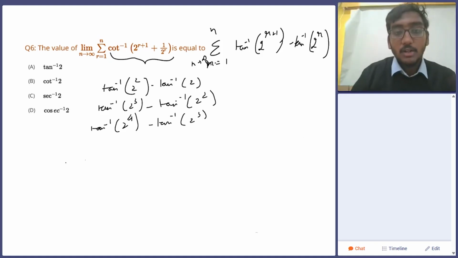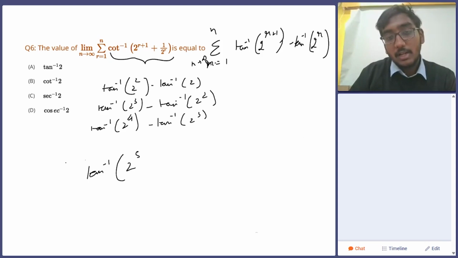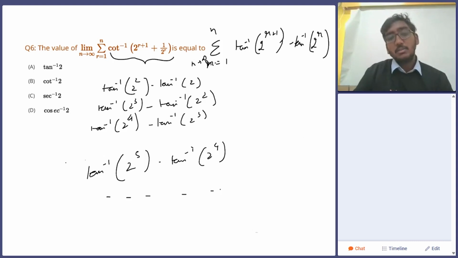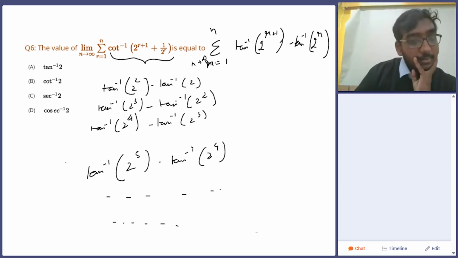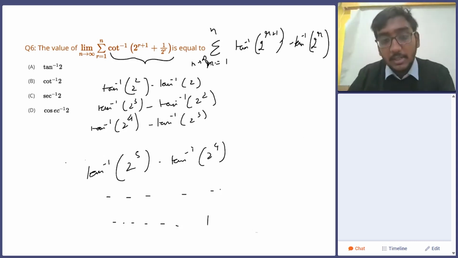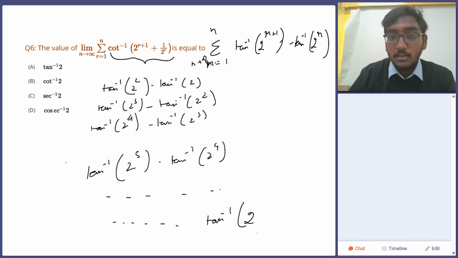The next term will be tan inverse of 2 power 5 minus tan inverse of 2 power 4, and it keeps on going. The sum is up to infinity, as n approaches infinity. That means the last term will be tan inverse of 2 power n plus 1 minus tan inverse 2 power n.